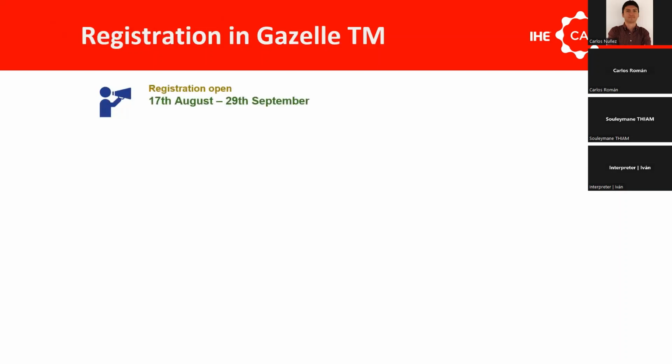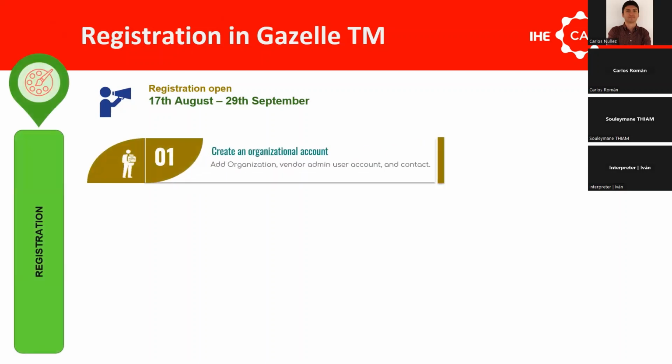So now, the registration in Gazelle, what do we expect? As I said, it takes 1.5 months. In the registration, the first thing to do, it's not mandatory, I will tell you why, is to make sure that your organization is available in Gazelle. If you already participated in the previous LACPAS Connectathon, or in the previous G20 pilot Connectathon, you don't need to create your organization.